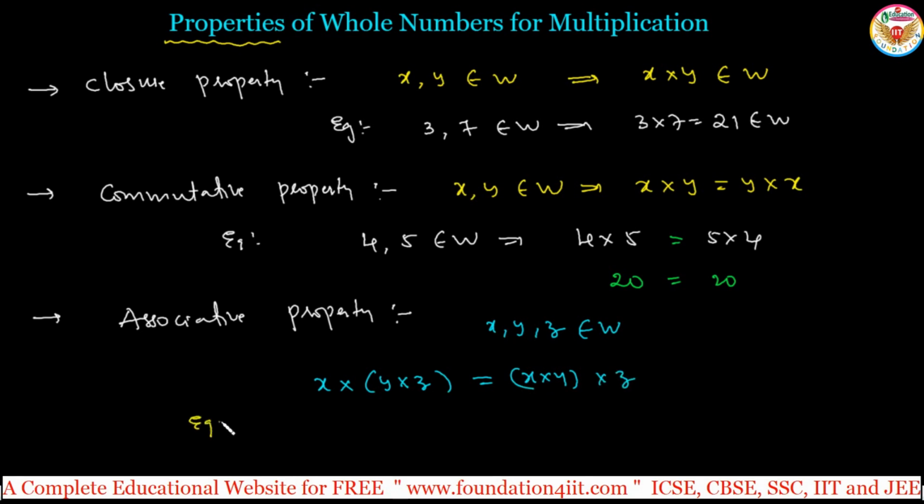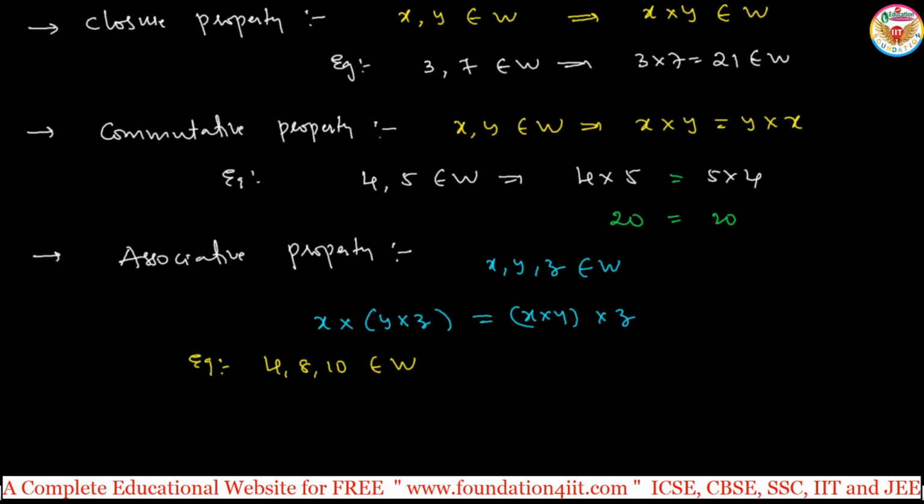Right? Let's take numbers now. For example, 4, 8, 10. 4, 8, 10 belong to the whole numbers. Now as per the rule, first 4 into the bracket 8 into 10, and 4 into 8 into 10. These two values must be the same.